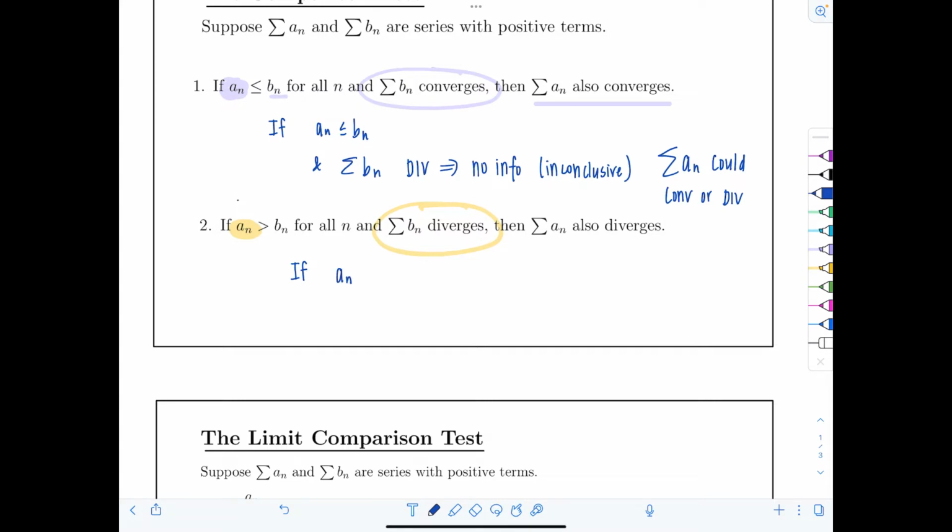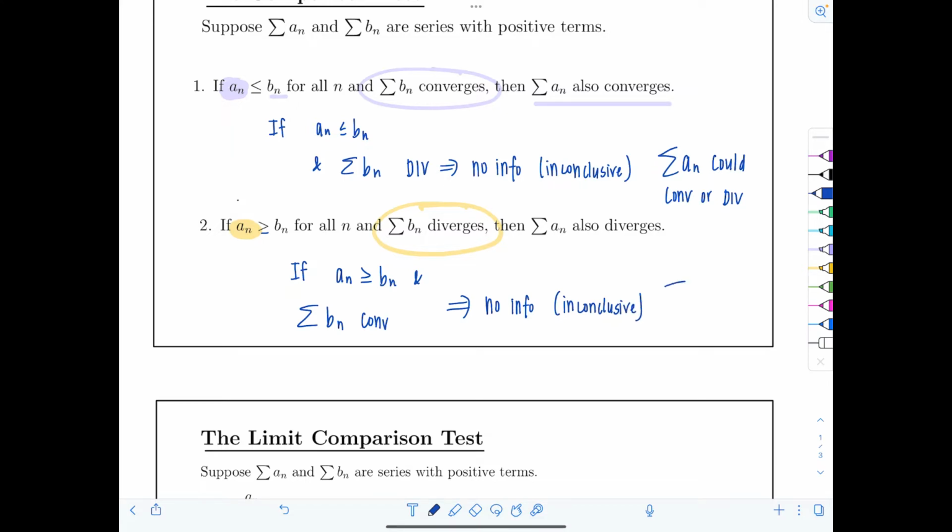Again, you have to be very careful, because if you can show that the terms of your series are greater than or equal to, honestly, is fine, right? Bn, and the sum of Bn converges, well, no info again. The test is inconclusive.